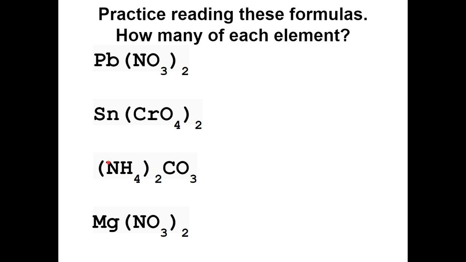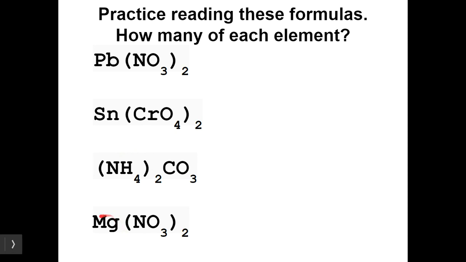Okay, so 2 times 1 N is 2 N's. 2 times 4 H's is 8 H's. Okay, this C has no number by it. So it's just 1 C. And then for the O's, there's just 3 O's, okay? So this number does not affect anything except what's in the parentheses, okay?